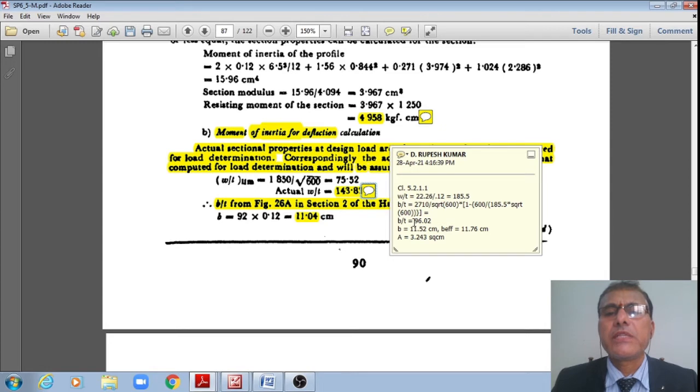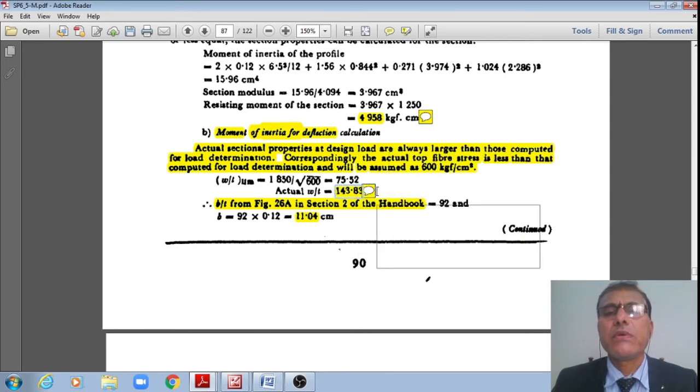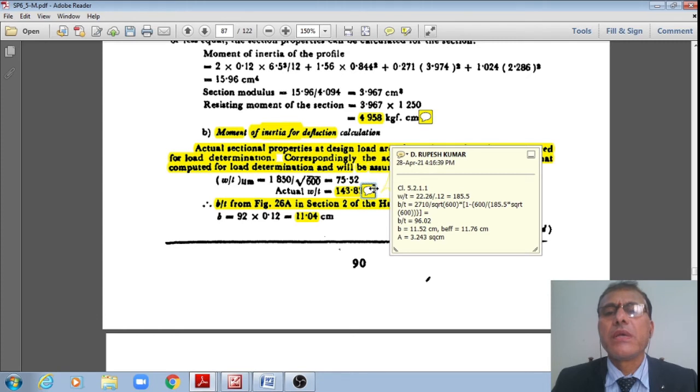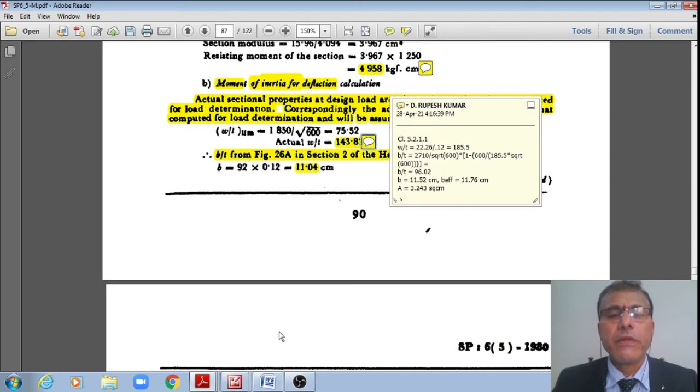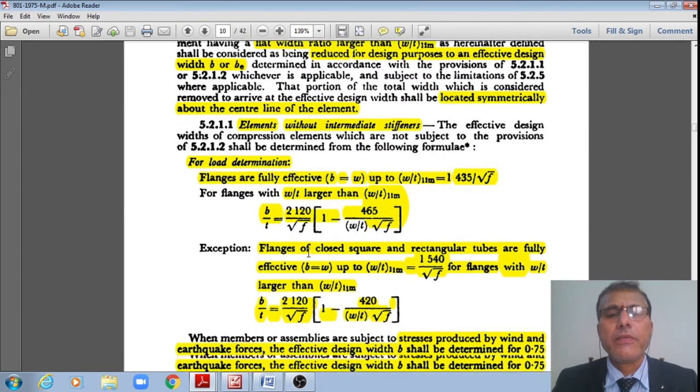Therefore, substituting into this formula, now I'll get this result as say B by T is equal to 96.02, student, right? Therefore 96.02, not this value 75.12, right? However, the W by T is equal to 185.5, because this 185.5 is greater than 75.82, sorry, this 75.82 W by T limit using this 1850. 1850 is for the deflection, right?